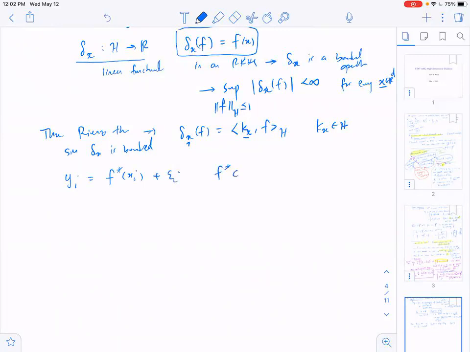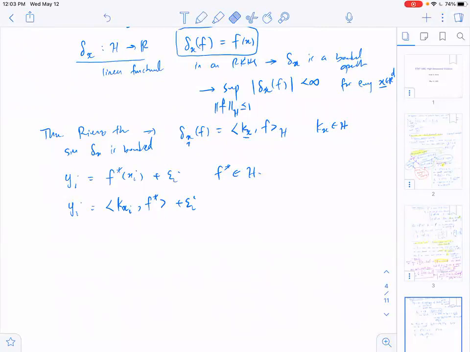If f star is in this RKHS, then I can write this as k of x_i times f star. And this looks very much like usual regression, where you had beta star times x_i.